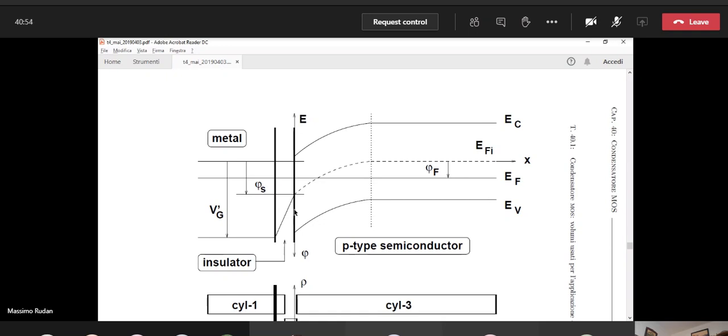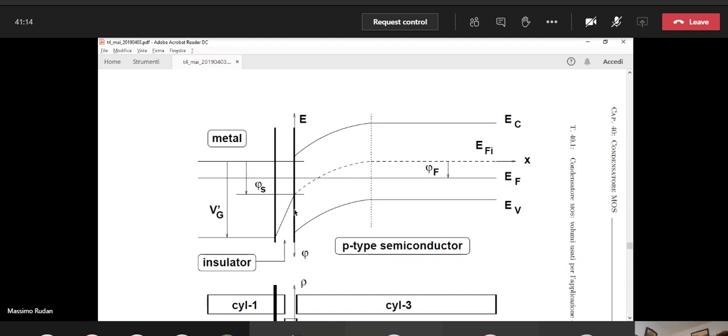So in the situation illustrated in this figure, we have a layer of electrons at the surface, at the interface between insulator and semiconductor. Of course, they are on the semiconductor side.